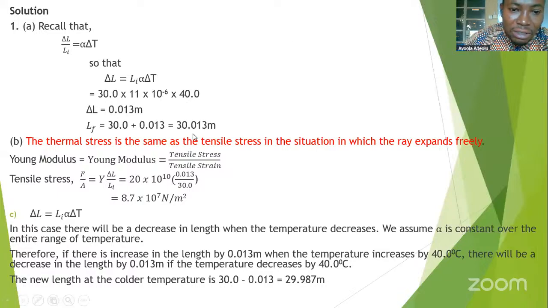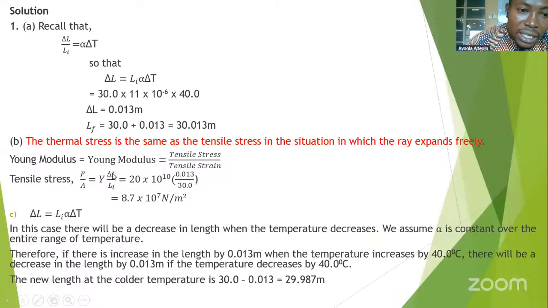My tensile stress will be Young modulus times tensile strain. The formula for tensile stress that we know before is force over area, but there's no force in this question and no area, so we cannot calculate it. That's why we use Young modulus times tensile strain.